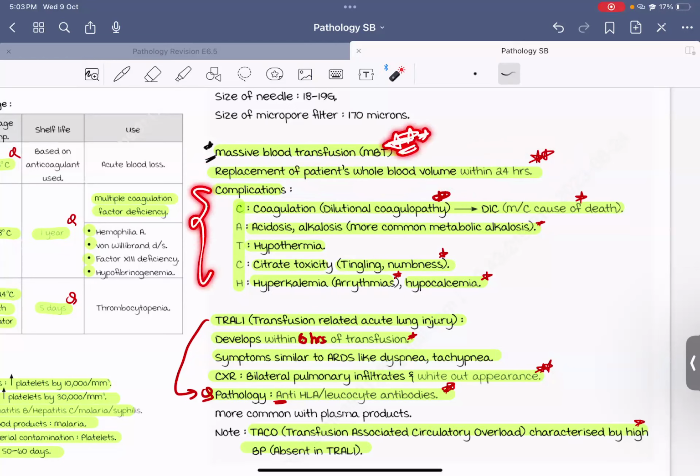What will be the complications of massive blood transfusion? Just think once. The complications can be remembered by the word CATCH. C is for coagulation, the dilutional coagulopathy.